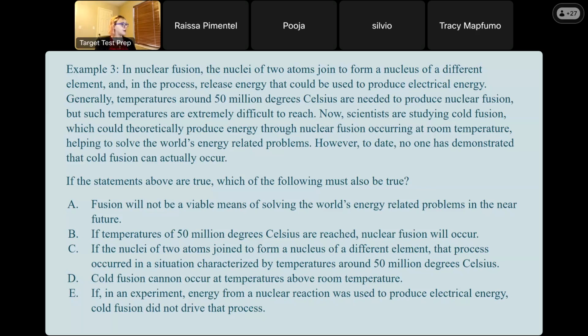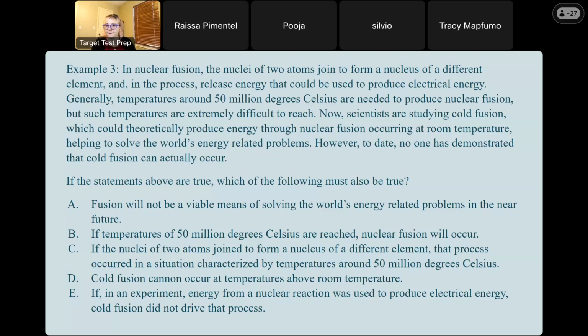And this one kind of works in that way. It's saying if an experiment happened and nuclear reaction was used to produce electrical energy, cold fusion did not drive that process. Well, we do know that no one has ever demonstrated that cold fusion can actually occur. It's not saying that it happened at 50 million degrees. It's just saying it wasn't cold fusion. And so based on the last sentence, this one is supported.